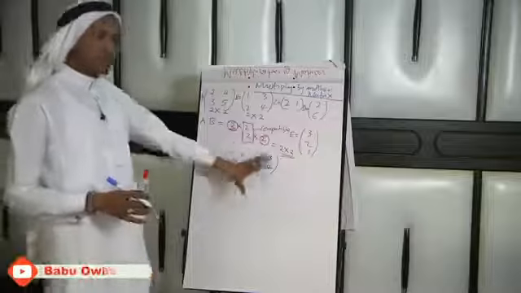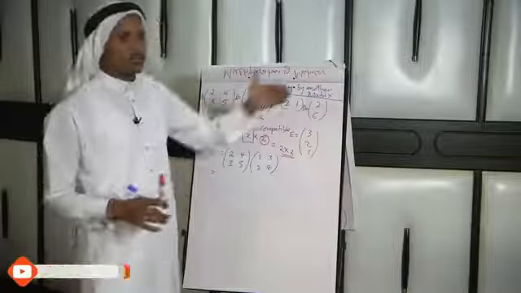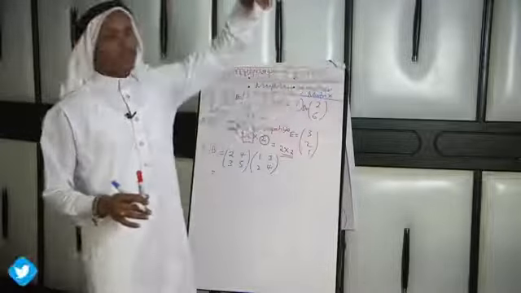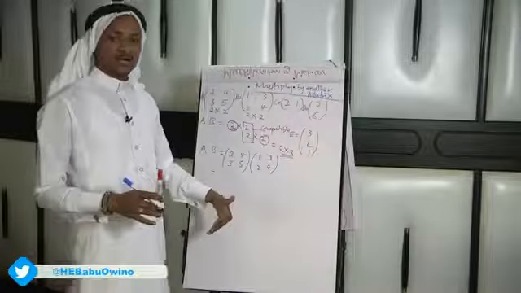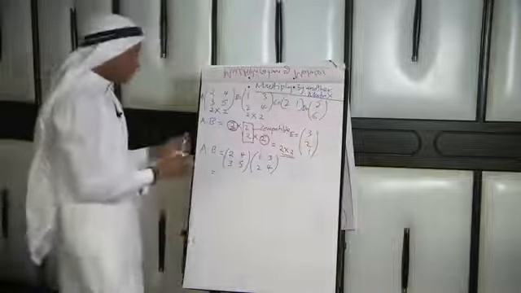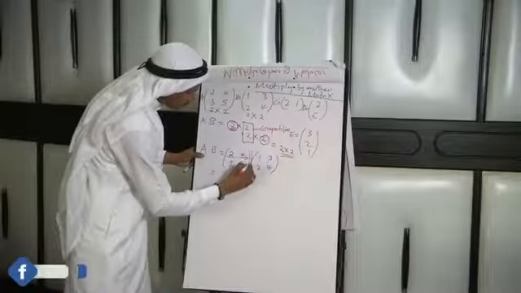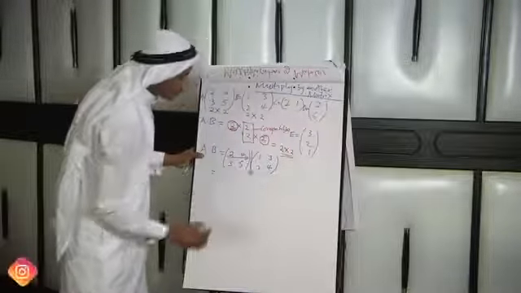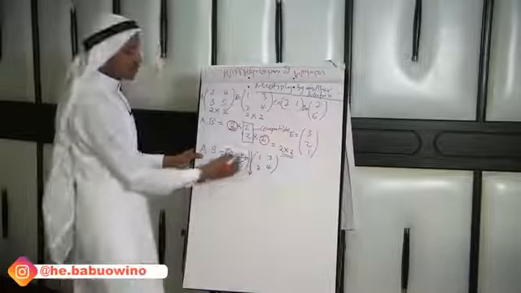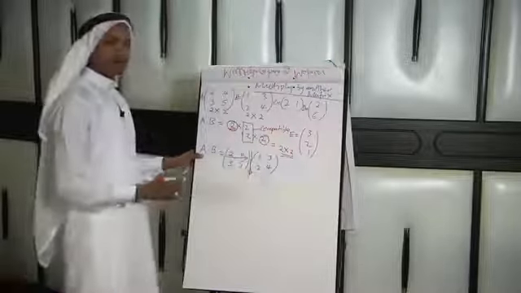In multiplication of matrices, you multiply the rows of the first matrix by the column of the second matrix. So the rows of the first matrix are multiplied by the column of the second matrix.